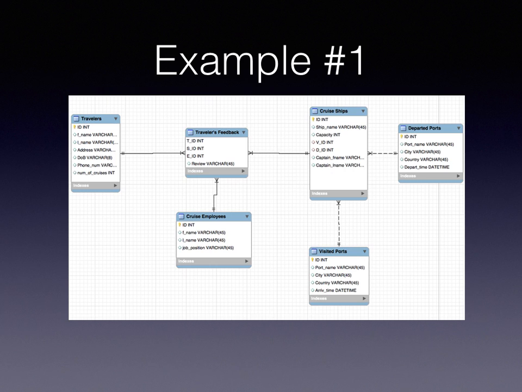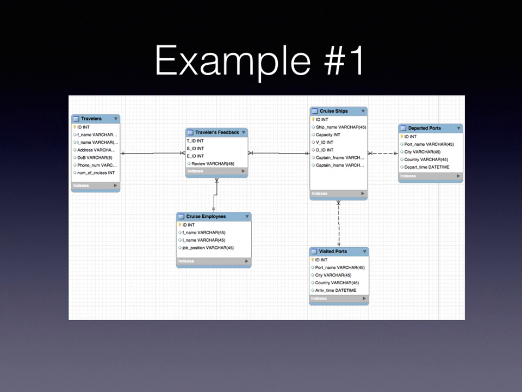Every one of them branches off from here because, as you can see from the IDs, the VID traces from the visited ports, and the DID derives from the departed ports. Both of these, departed and visited, are one-way relationships towards the cruise ship.